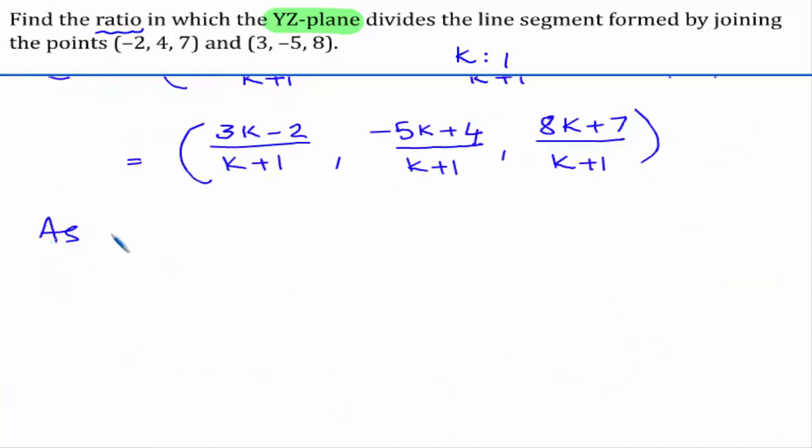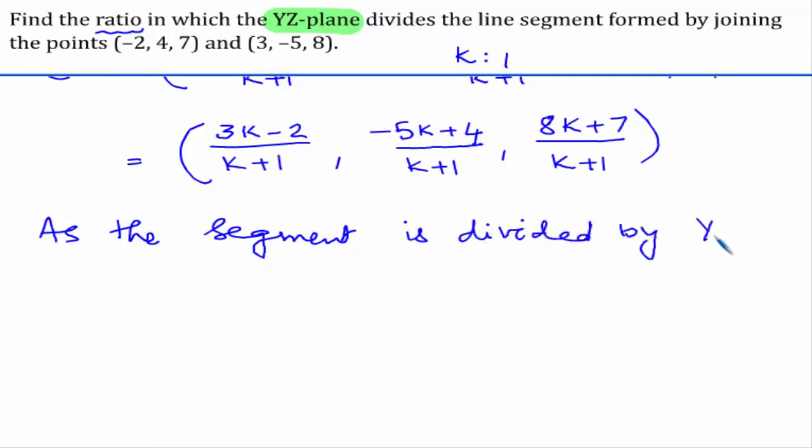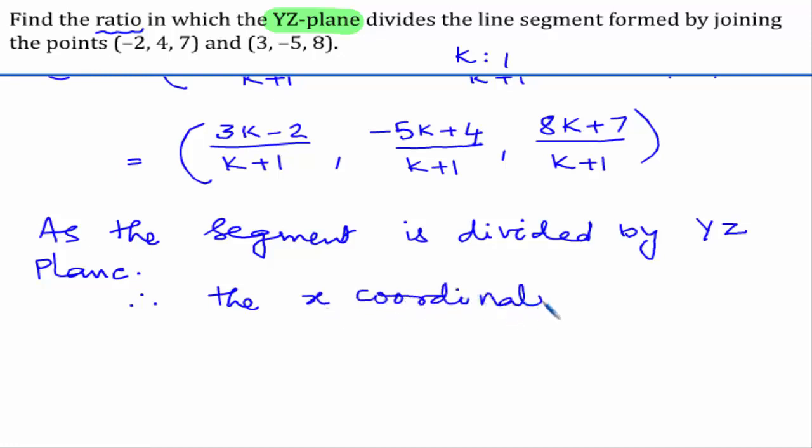Now as the segment is divided by the YZ plane, therefore the x coordinate of C is 0.